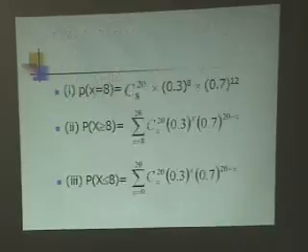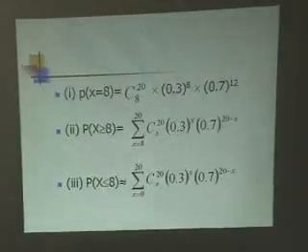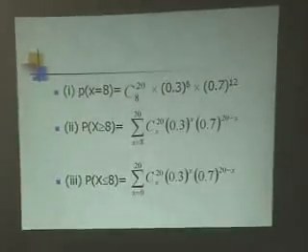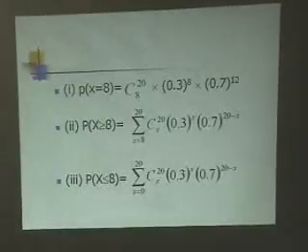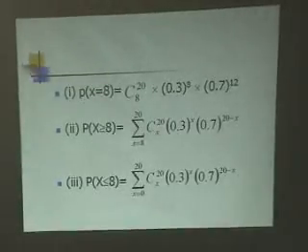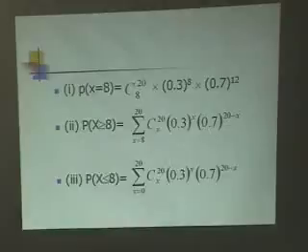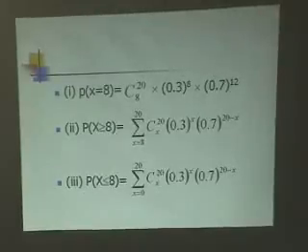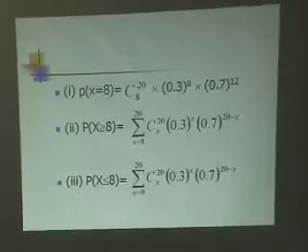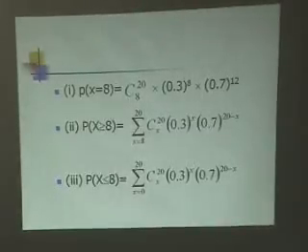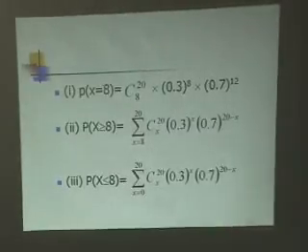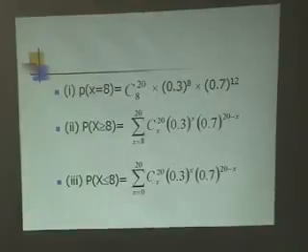Okay, so because we are talking about x less than or equal to 8, right? And summation x from 0 to, sorry, it should be 8. Another typo, okay? From x from 0 to 8, and combination 20 and x, 0.3 to the x power, and 0.7 to the 20 minus x power, okay?